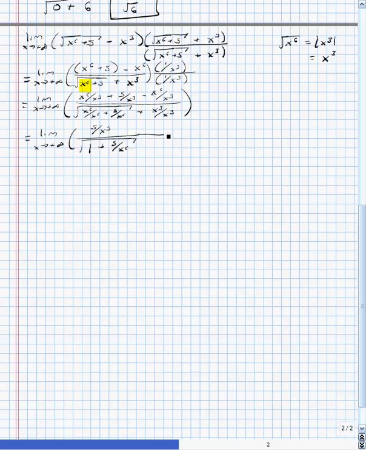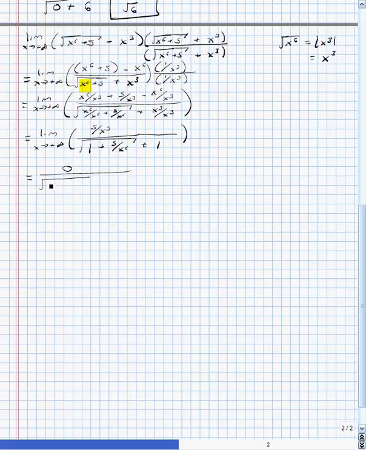Close that up. And then x to the third over x to the third is just going to be equal to 1. Now if we distribute this limit in, we'll get the limit as x approaches positive infinity of 5 over x to the third. So 5 over a really big number is just 0.